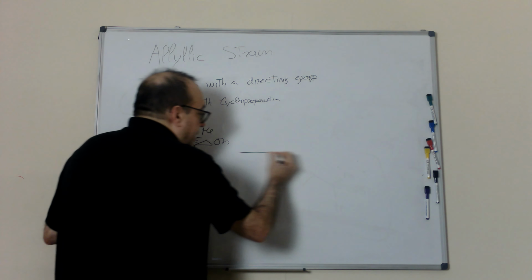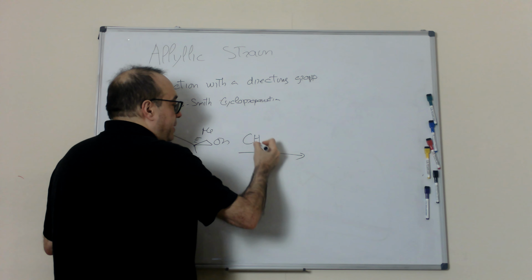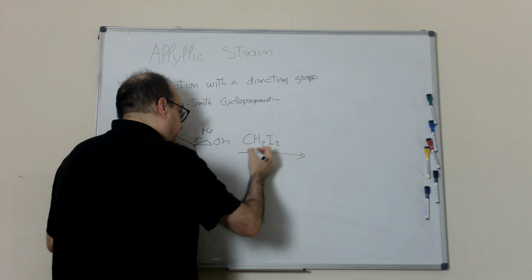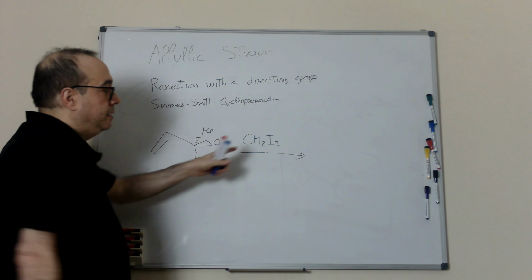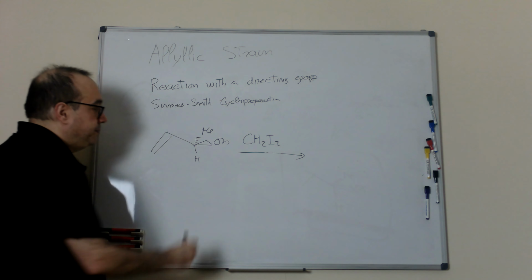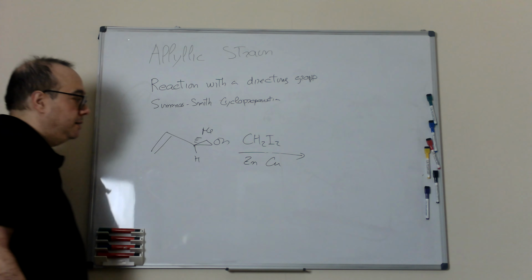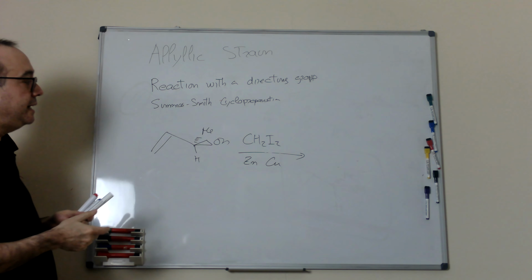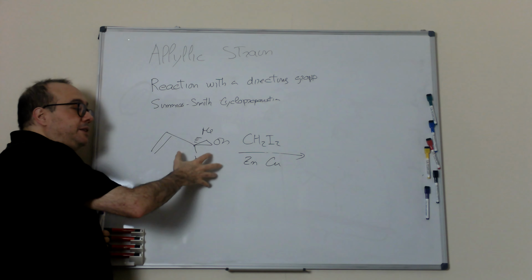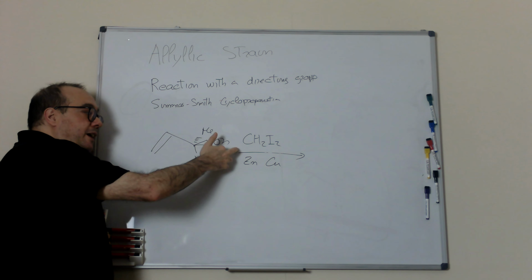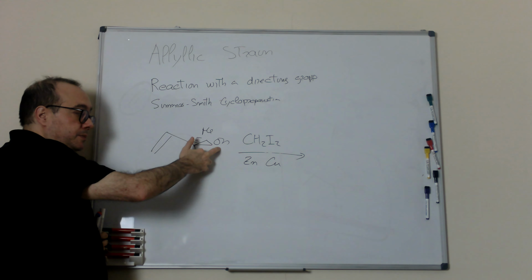Okay, normally the Simmons-Smith cyclopropanation is made with this compound, diiodomethane, zinc, and copper. Okay, and what is happening is that the reaction takes place by the same face where the alcohol is.